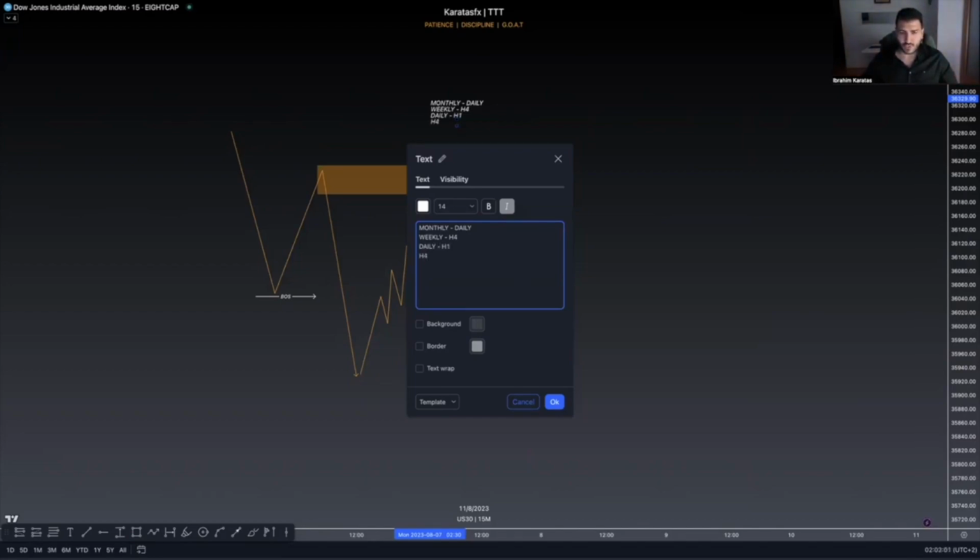If you have an H4 zone, you can use 30 minutes or 15 minutes. If you have H1, you can use 15 minutes or 5 minutes. And if you have a 15-minute zone, you can use 1 minute or 15 seconds. Okay. But this is what we're going to skip now.